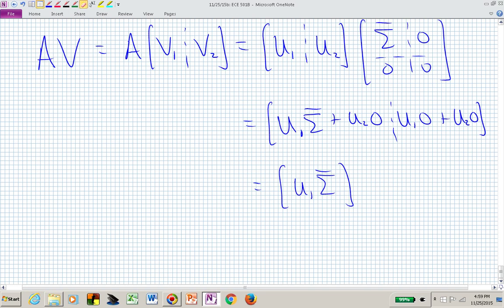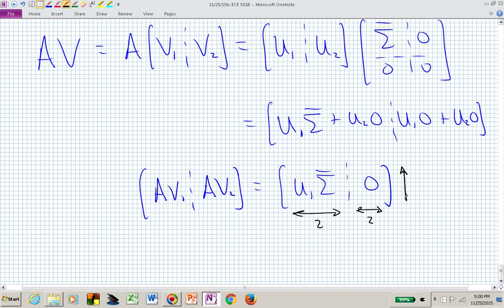Let me keep the last column in that decomposed matrix, and now on the left we have AV1 and AV2, where this on the right is two columns wide. This is now two columns wide, and we are 3 rows tall.